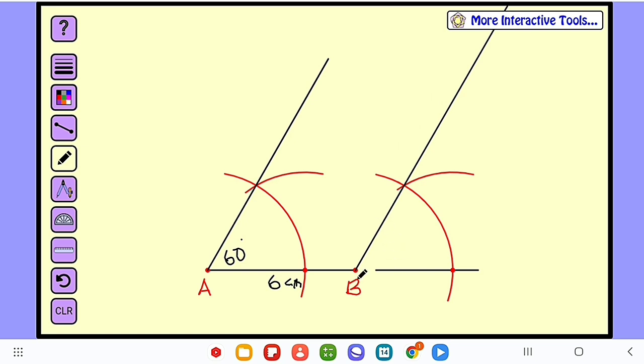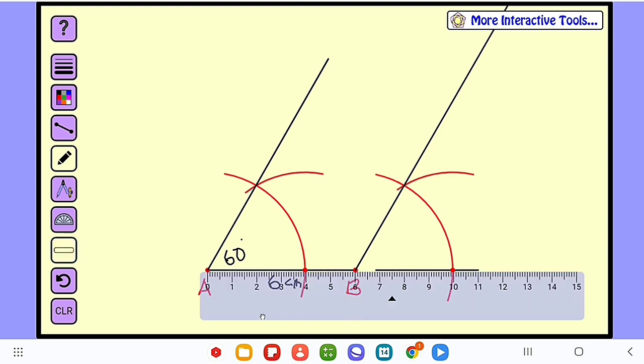Next, they said that from B down to D is 7.5 cm. So we are going to use our compass and measure 7.5 cm on the ruler. So this is our ruler. Bring the compass. Place the end at origin, that's 0. Then measure 7.5 cm. So this is roughly 7.5 cm.